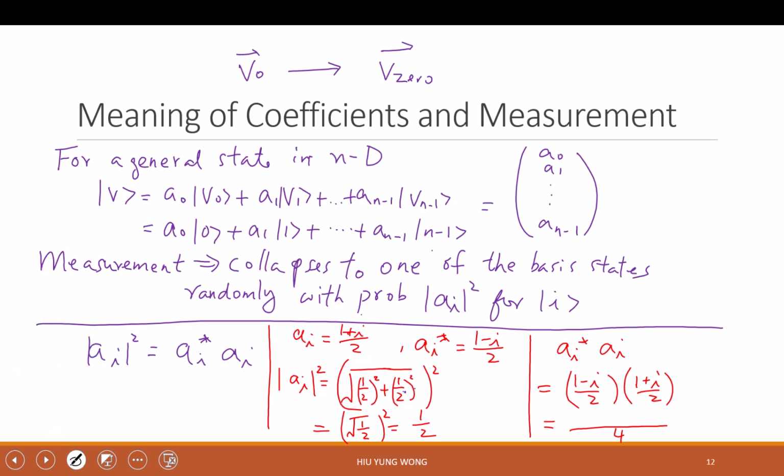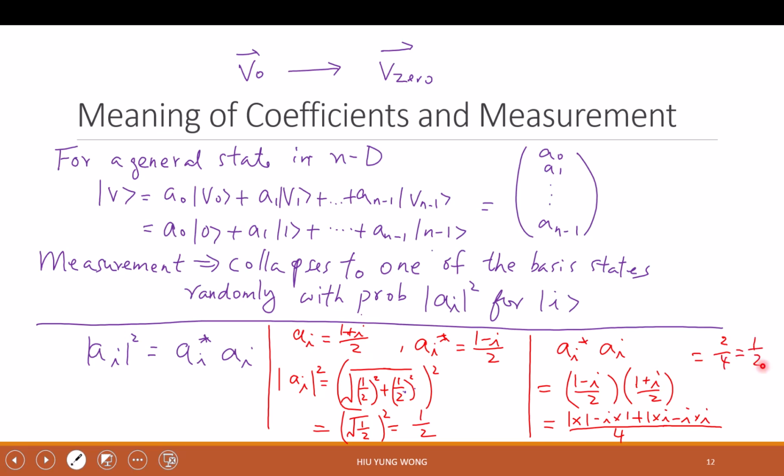But let me just multiply: 1 times 1, minus i times 1, plus 1 times i, minus i times i. What is i times i? Minus 1, right? So you have minus, minus, so it becomes plus 1. These two get cancelled. So this again equals 2 over 4, equals 1 over 2.